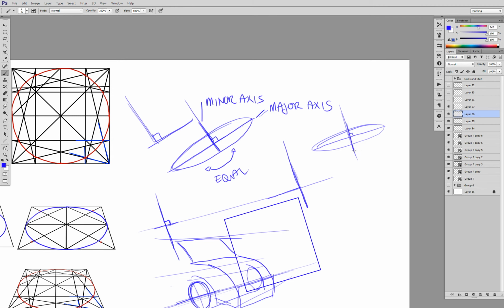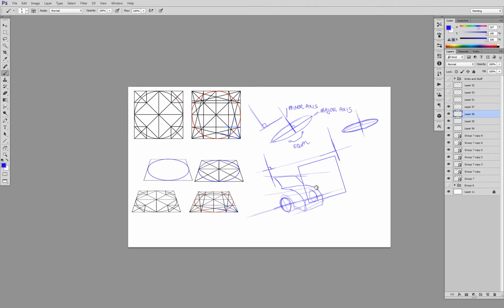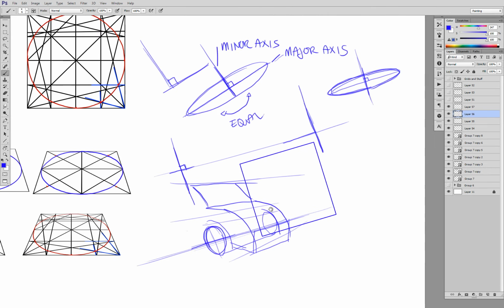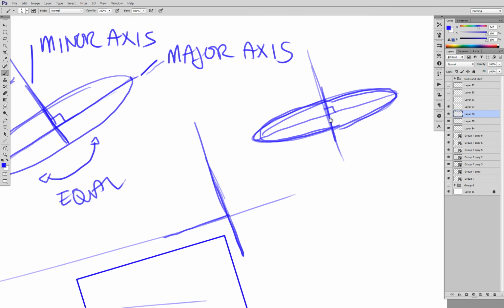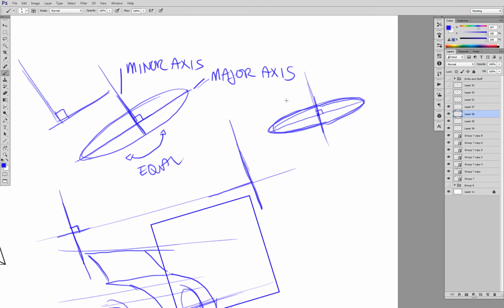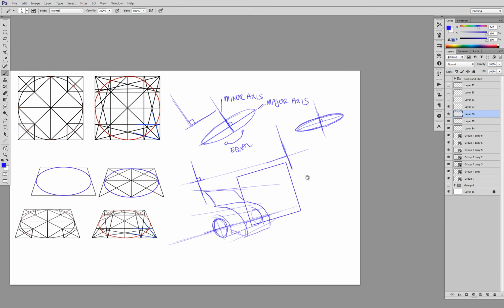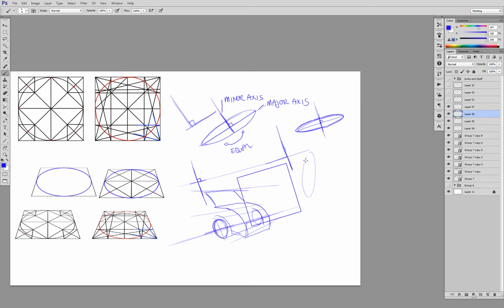What happens is that both of these sides are symmetrical. So we know that if you folded it over, they'd match up. So that's important to understand.